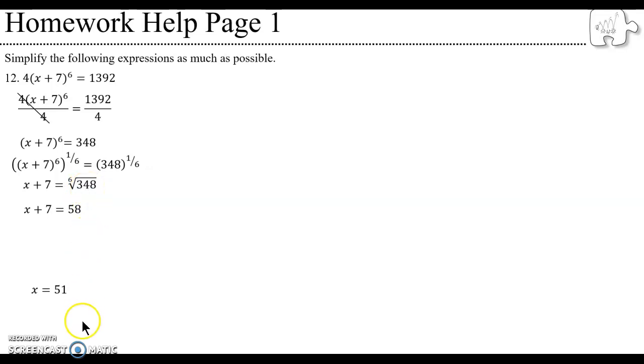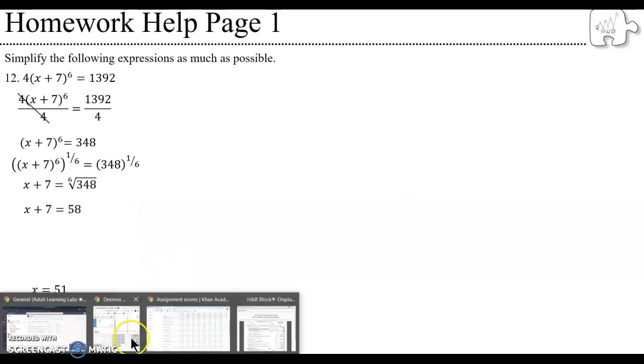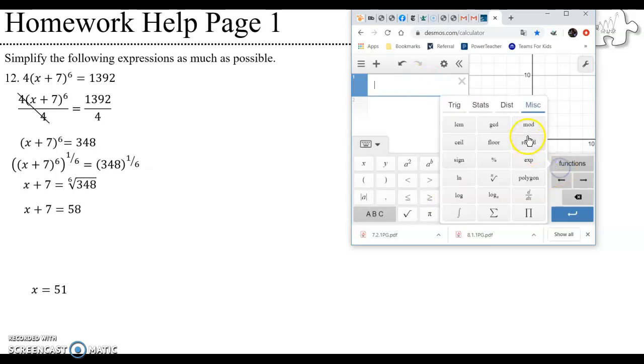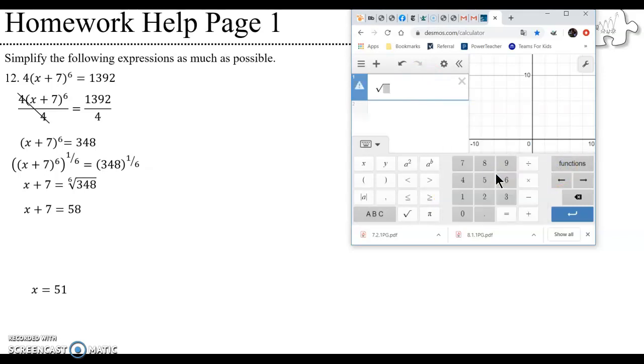Then we're going to take out that calculator again. Let's check to see if the 6th root of 348 is equal to 56. We go to functions here, and then we get 6, 348. Oh, but it's not that.